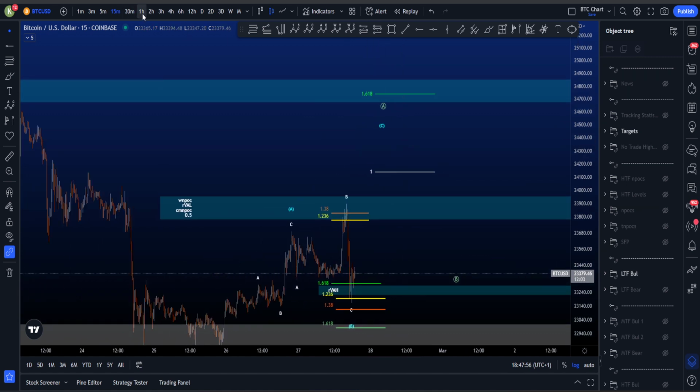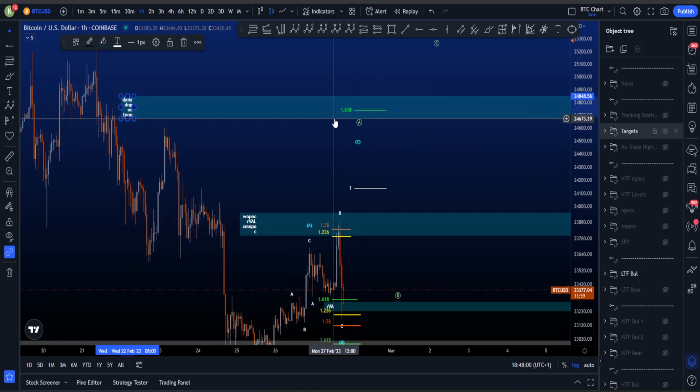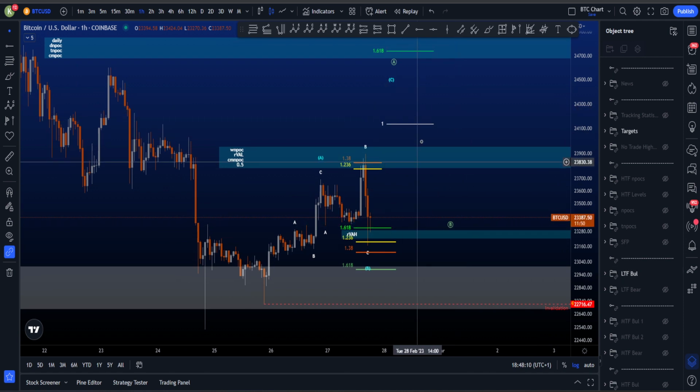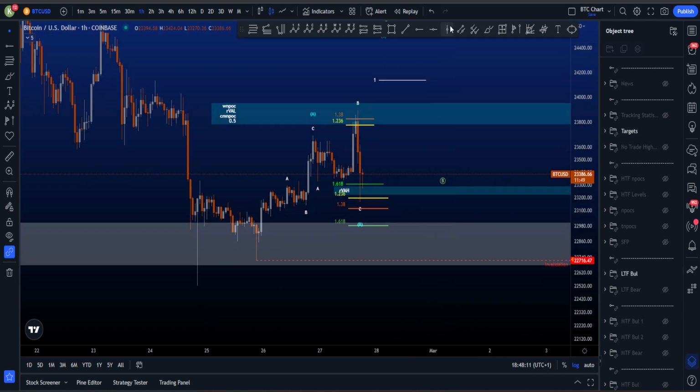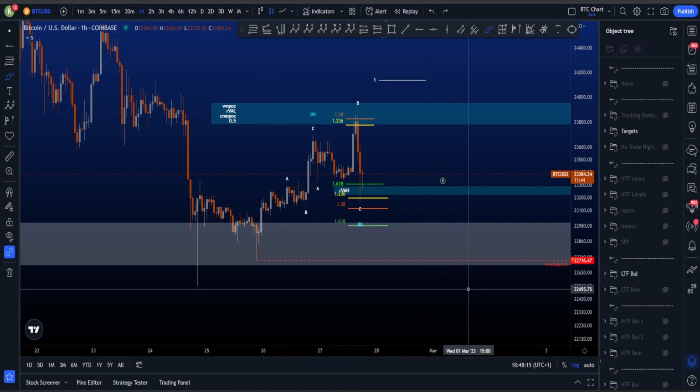However, my preferred target would be to reach the target box at the top, which is in between 24.6k and 24.8k, basically, if we would go up that high and we actually move further up. Now the invalidation is taking the lows over here at 22.7k.